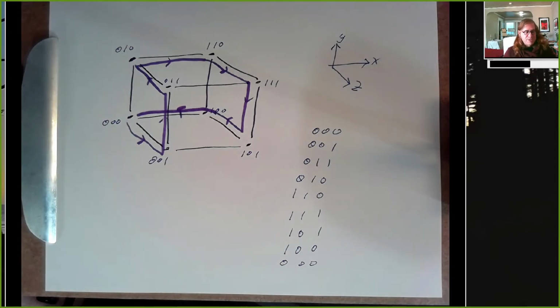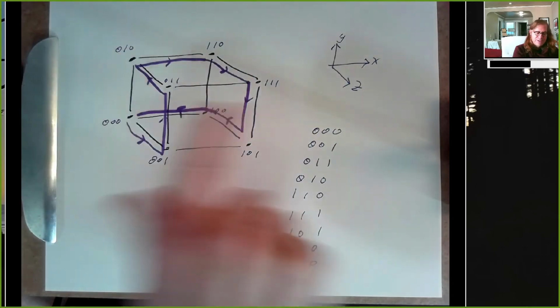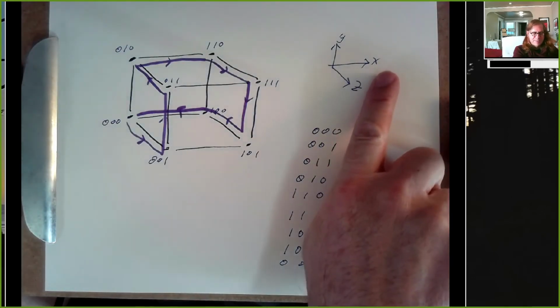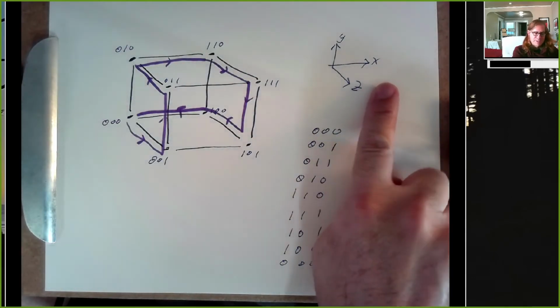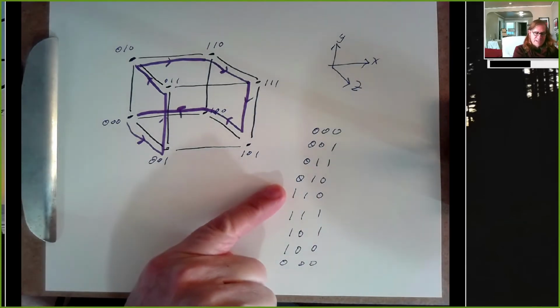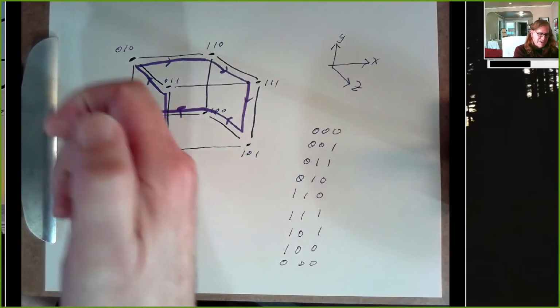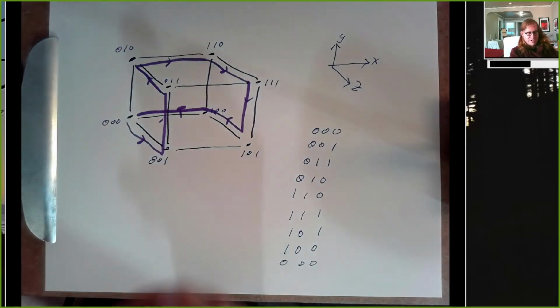All right, why is this interesting to us? Because if we think of the label as being x, y, z coordinates, right? This first number is how far we've moved along the x. The second number is how far we've moved up in y. The third number, z, is how far we've come out in this direction.